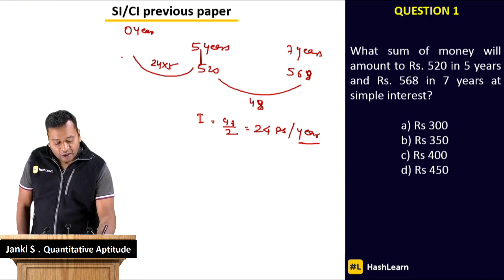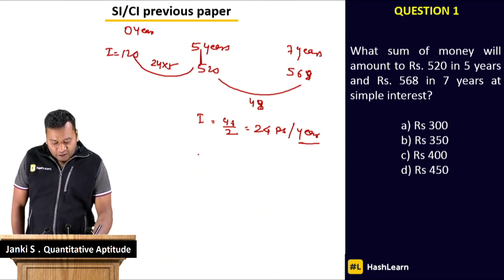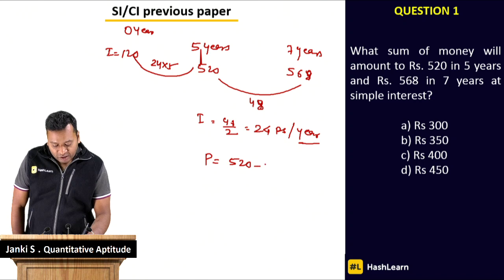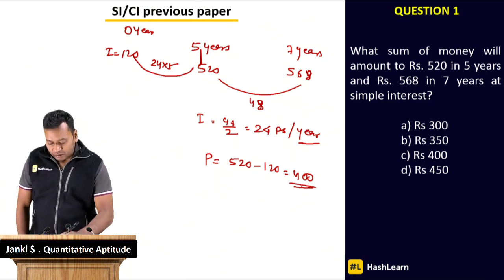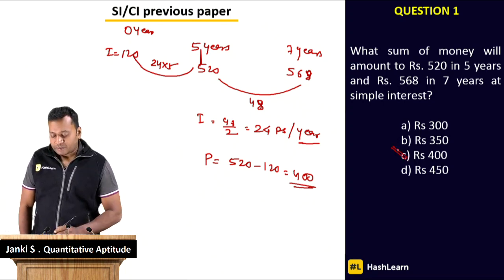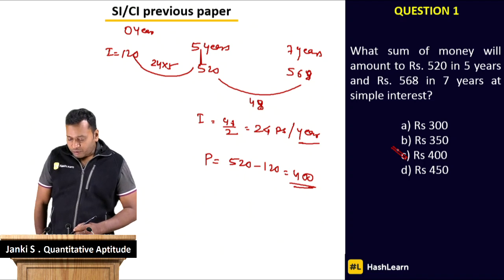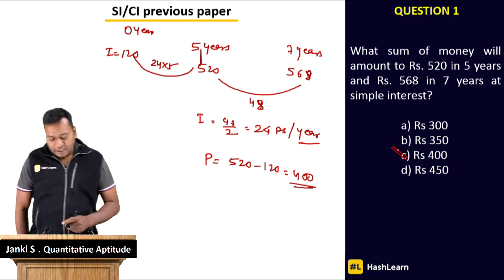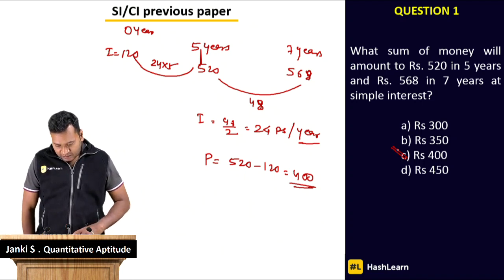Right, so my interest is 120. What will be my principal value now? My principal value now is nothing but 520 minus 120, or else 400 will be the value in this case, right? So my value is nothing but 400. So that's my basic representation.